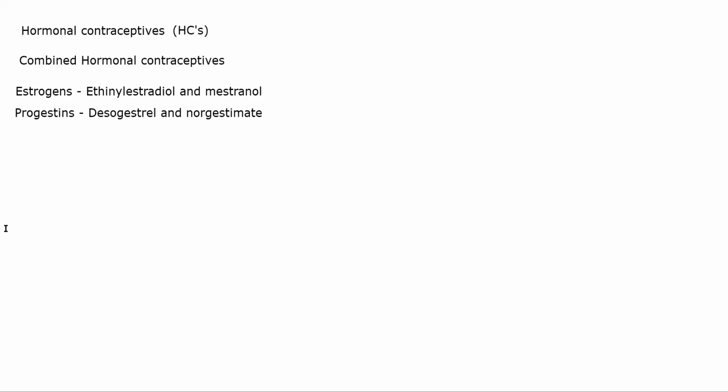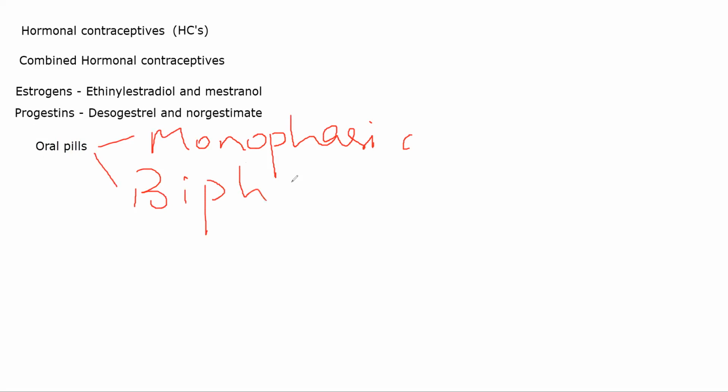We'll discuss them now. First of all, coming to oral pills. ठीक है, oral pills दो टाइप के रहते हैं. You have monophasic and biphasic. Monophasic pills, biphasic pills. ठीक है.